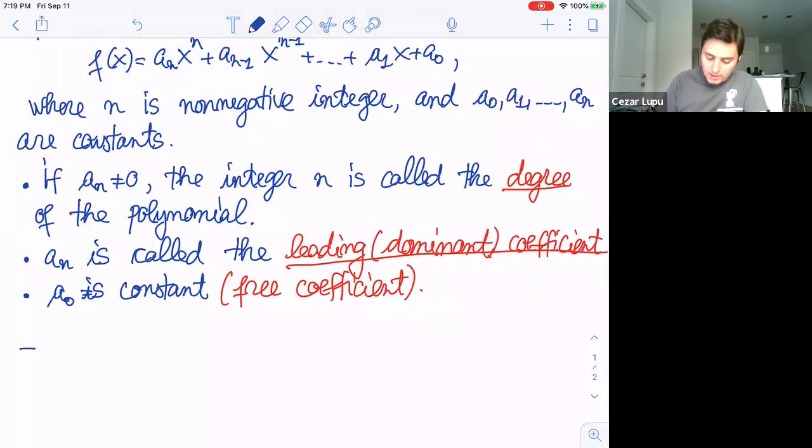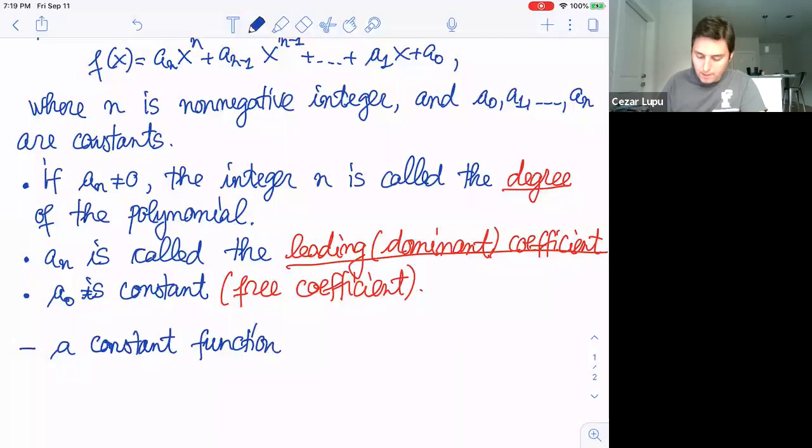All right, now let's point out some remarks here. The first one I would like to say is that a constant function has degree 0.